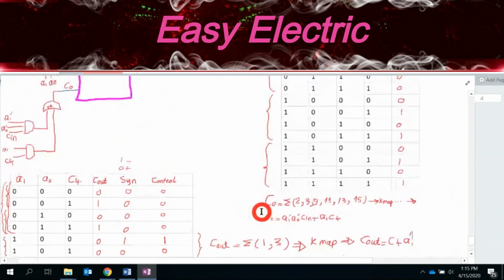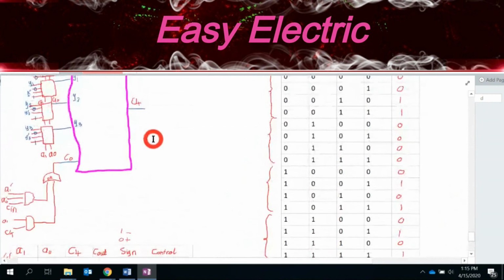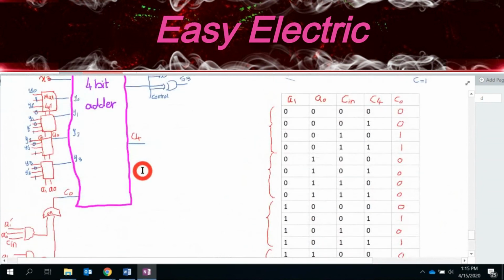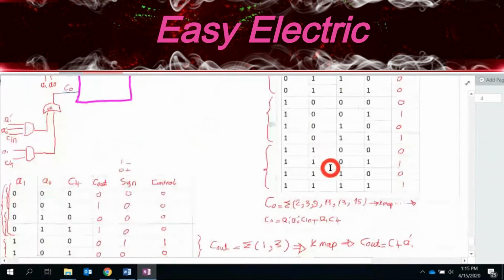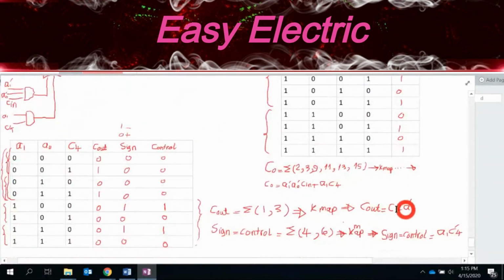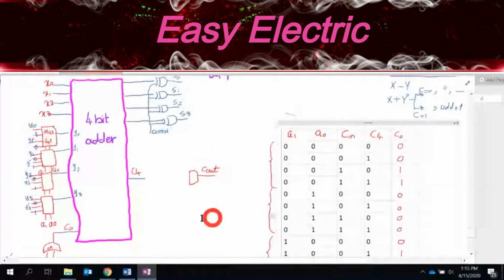Then I just implement these 2 functions here and connect what I have. Okay. So see, I want to make the C out, so I first put an AND gate and I call that cout. So I exactly implement whatever I got here, C4A1 prime, okay?